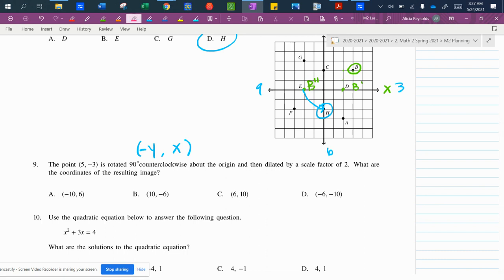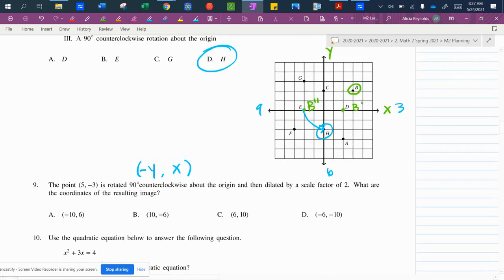But if we're thinking about on the graph, there's an easier way. So if I know 5, -3, that's going to be 1, 2, 1, 2, 3 here. If I go counterclockwise, that's going to be putting me in this quadrant, right? And if I know that I'm going from XY to YX, these are both positive, right?